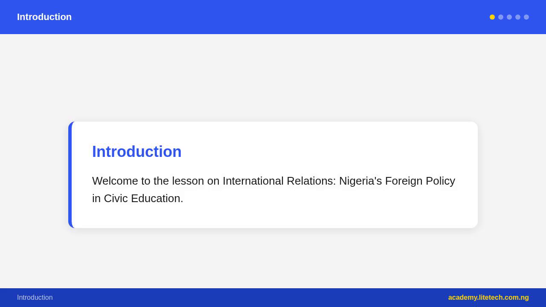Constitutional basis. Section 19 of the 1999 Constitution, Foreign Policy Objectives. The foreign policy objectives of Nigeria shall be: A. Promotion and protection of the national interest. B. Promotion of African integration and support for African unity.